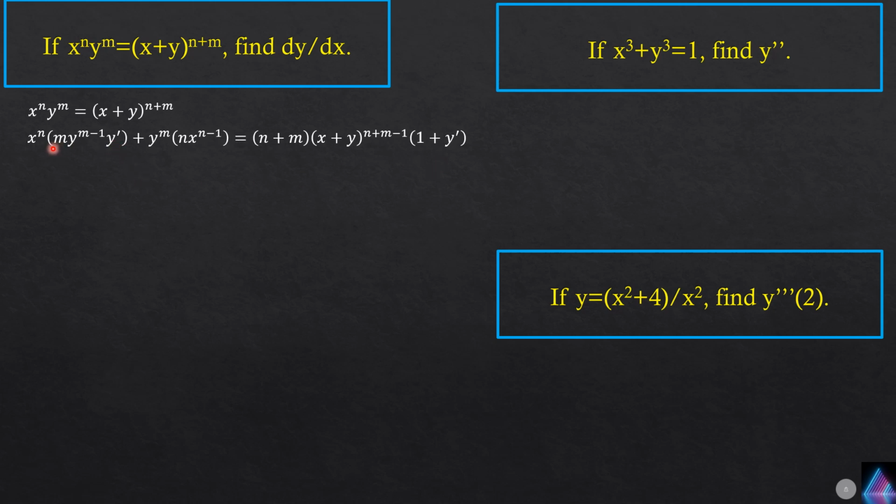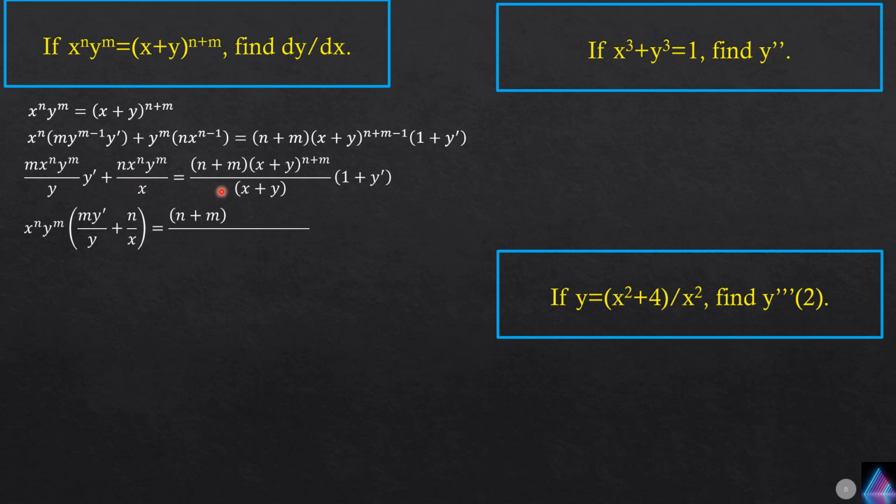We then simplify this into m x^n y^m over y times y prime, then n x^n y^m over x equals (n + m)(x + y)^(n+m) over (x + y) times (1 + y prime). We then factor out for these two terms the common x^n y^m. Then times (m y prime over y plus n over x) equals, we just write the right side as is.